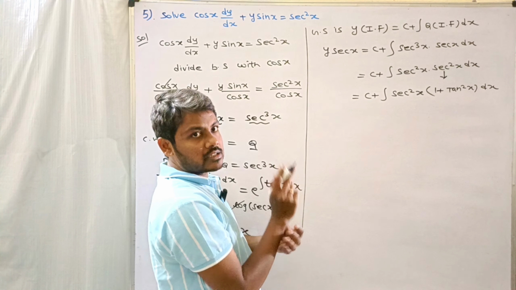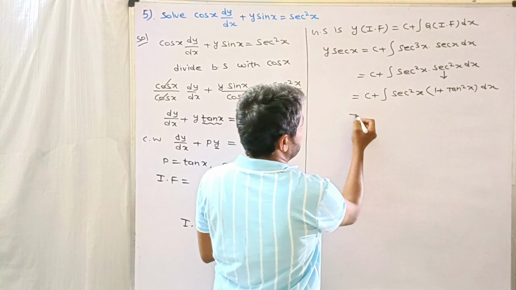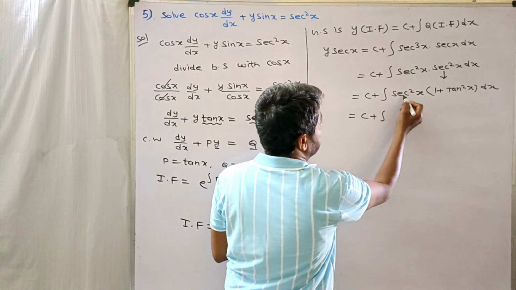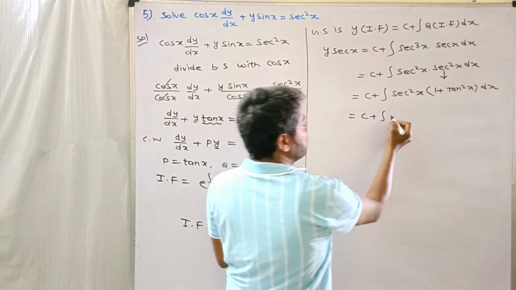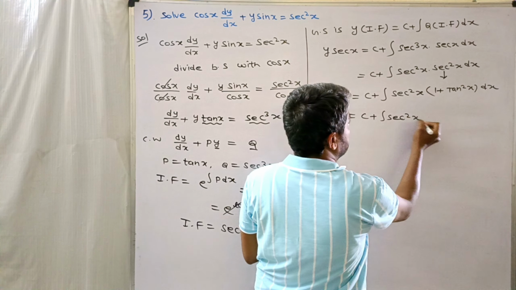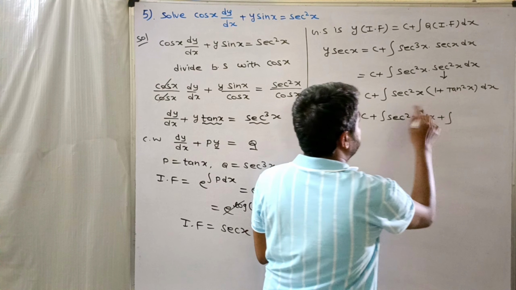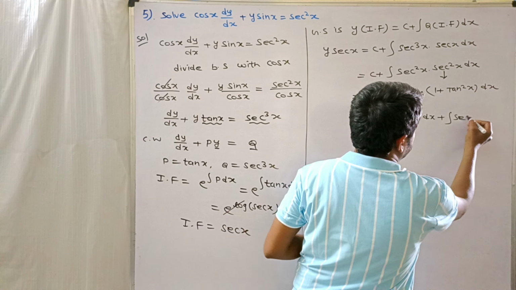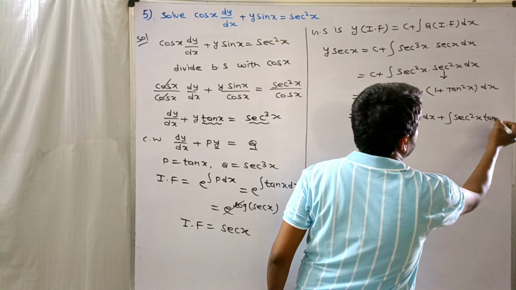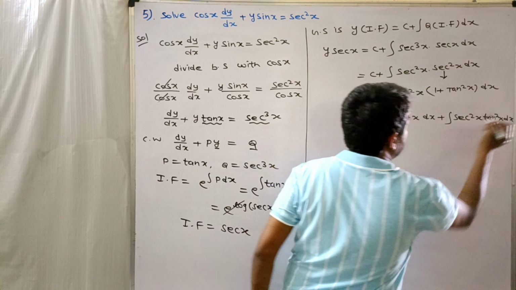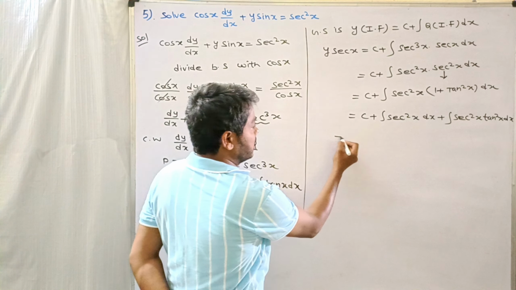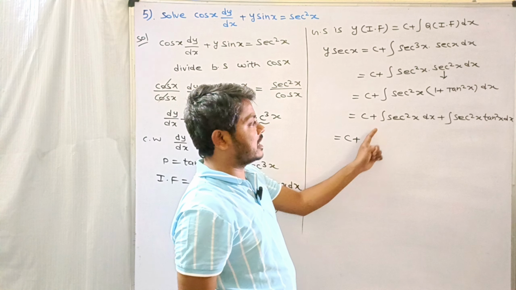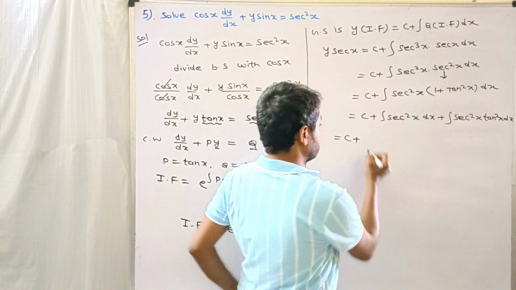Now multiplying inside the bracket, this is c plus integral secant square x into 1, secant square x dx, plus integral secant square x into tan square x. Now c plus, we know that integral secant square x is tan x.